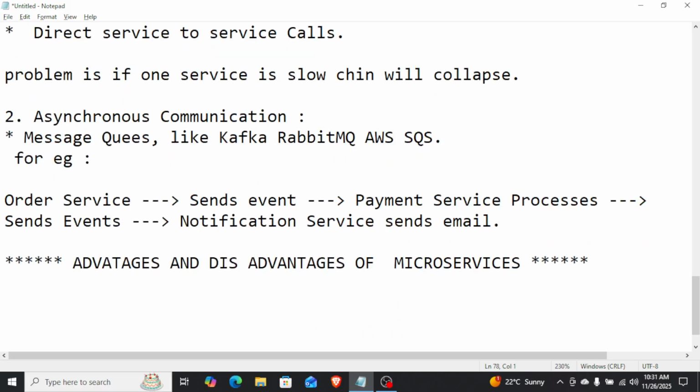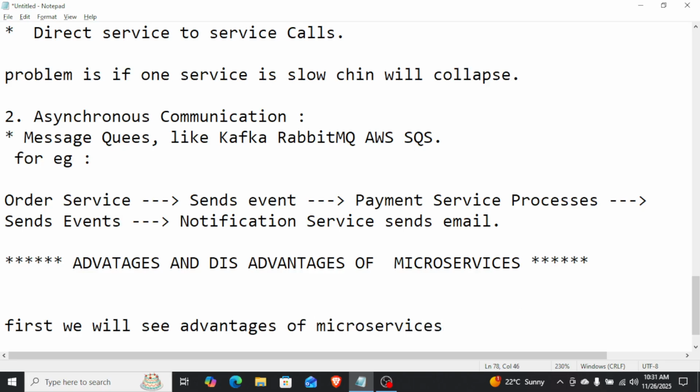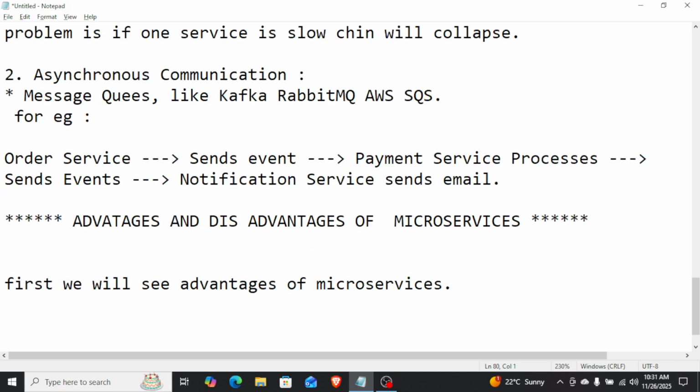First we will see the advantages. Our first advantage is faster deployments.